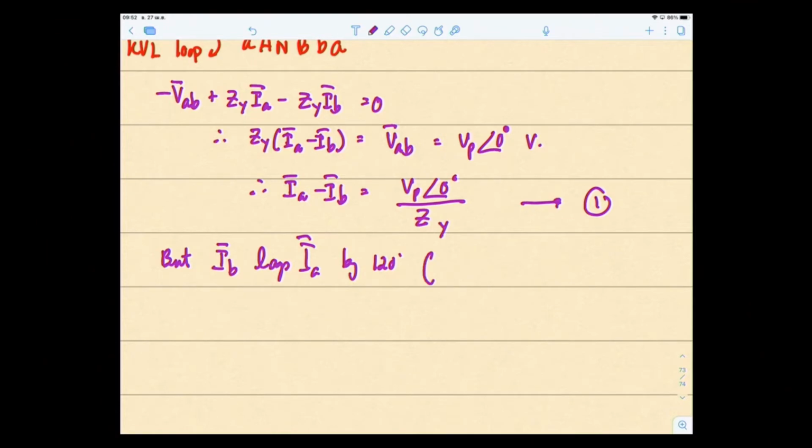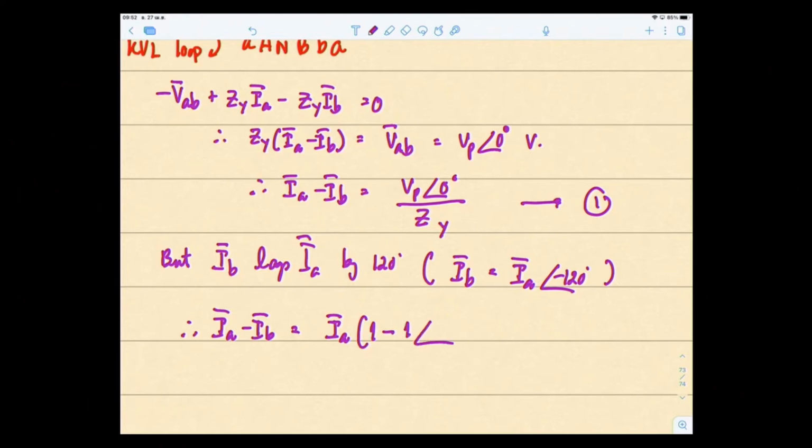In other words, my IB would be equal to IA, whatever it is, but the angle would be minus 120 degrees behind. So therefore IA minus IB equal to IA times 1 minus 1 at minus 120 degrees.